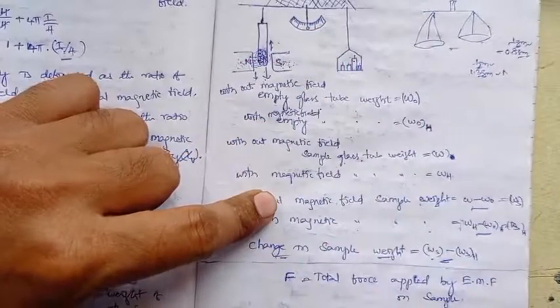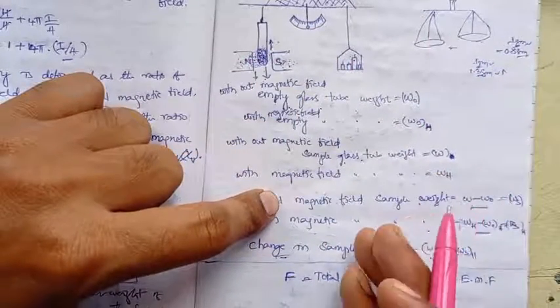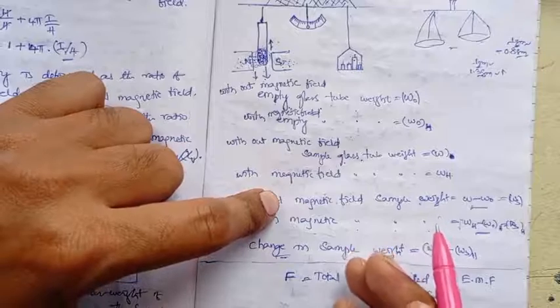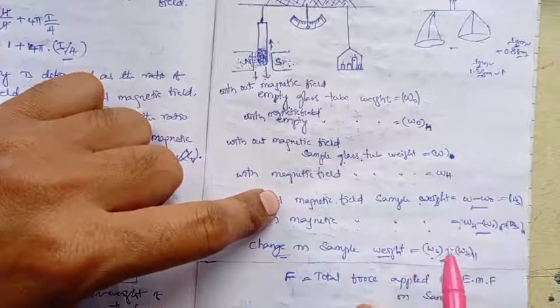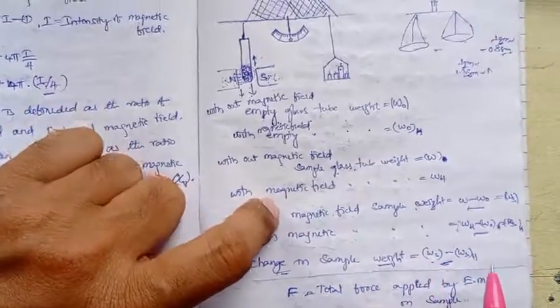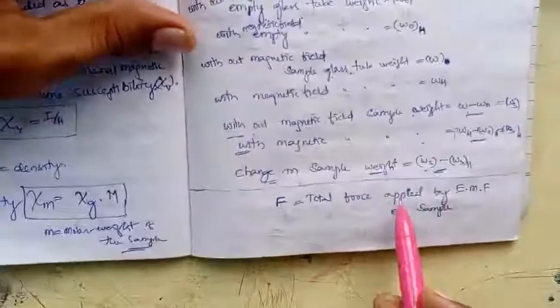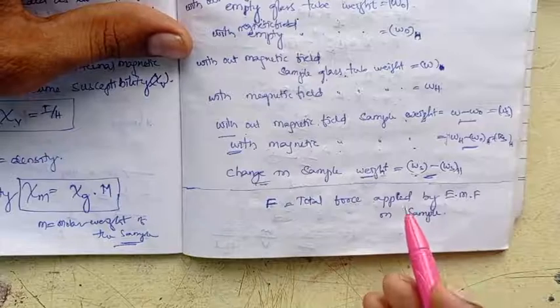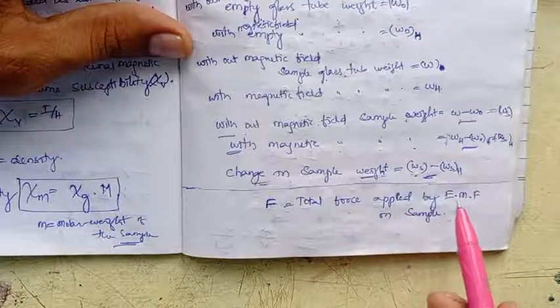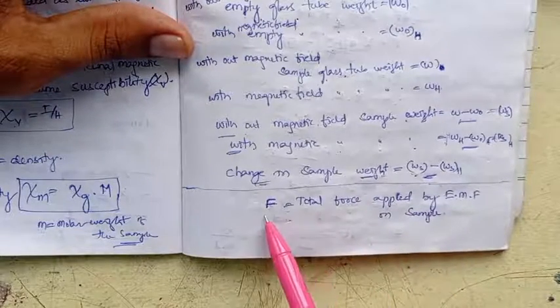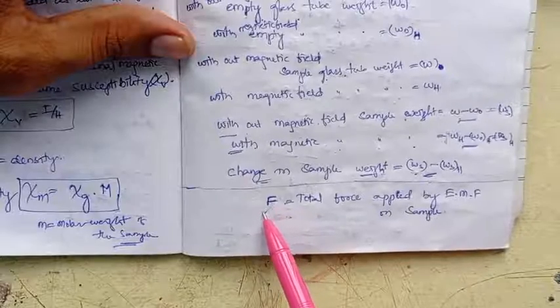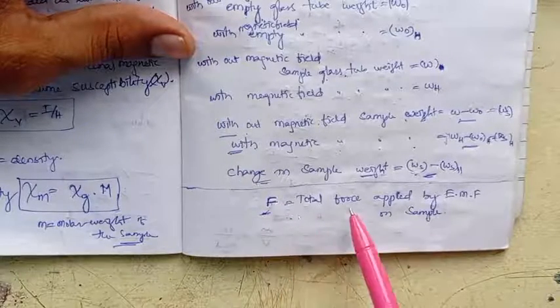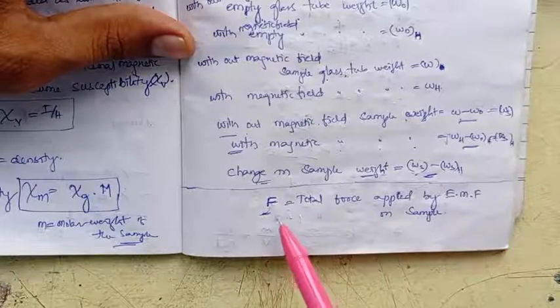But from this weight calculation, how are we going to get the susceptibility? You have to derive an equation to interrelate the change in weight of the substance with the susceptibility of the sample. So you have to consider the force applied by the external magnetic field on the substance.